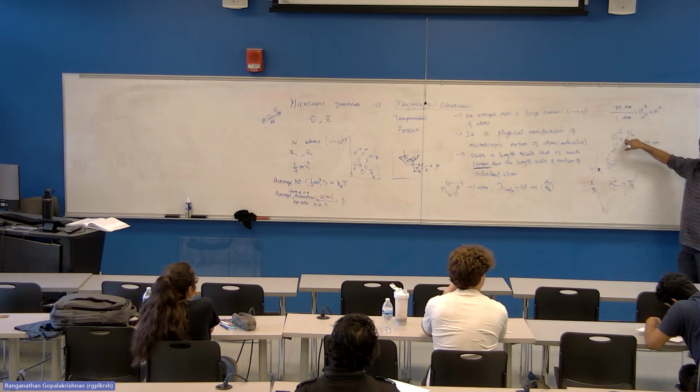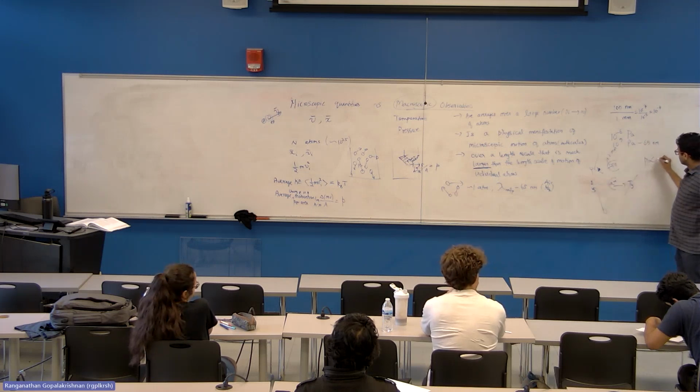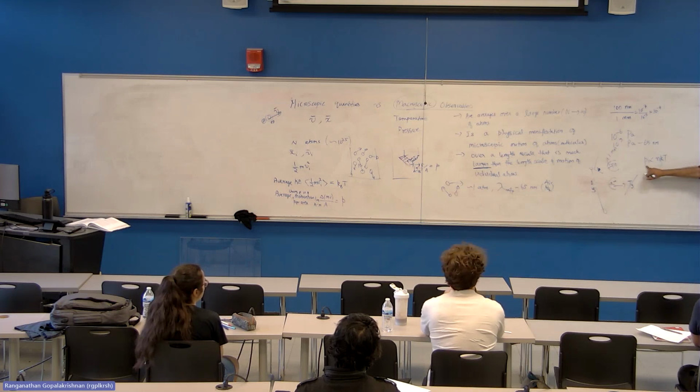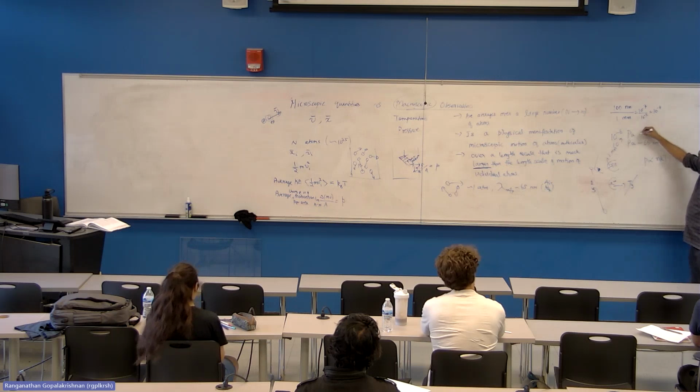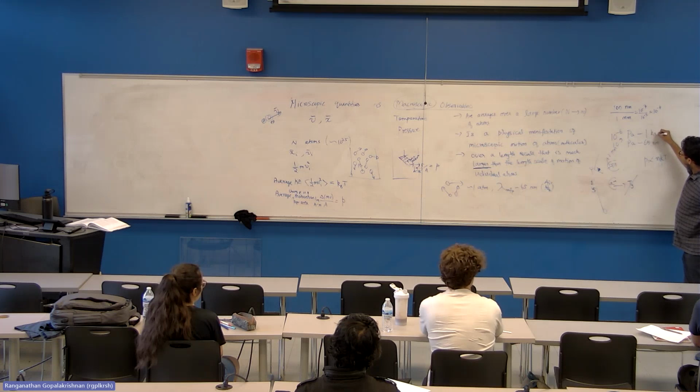And when pressure goes down, you know pressure scales with number density. Number density goes down if pressure goes down. What happens at low pressure is that your mean free path could be as big as a kilometer. Let that sink in.